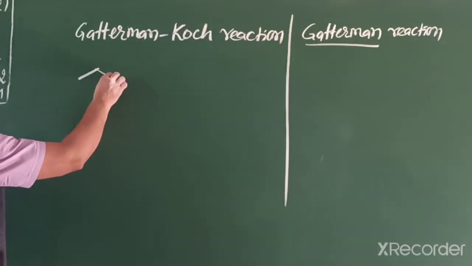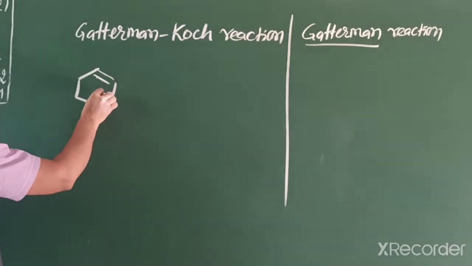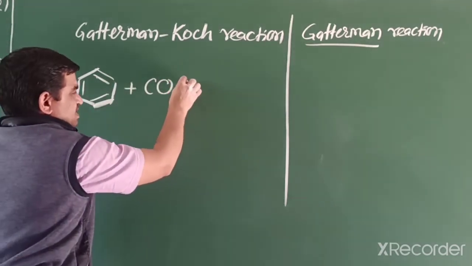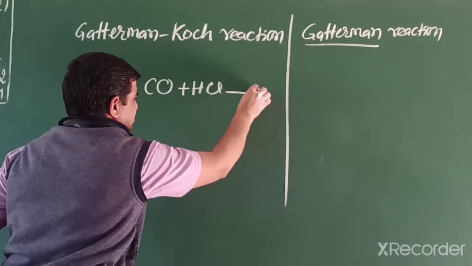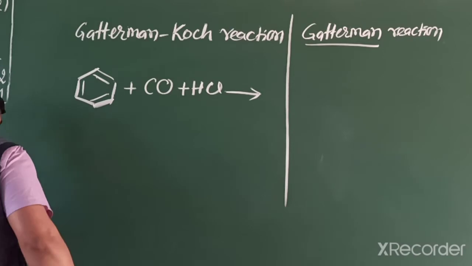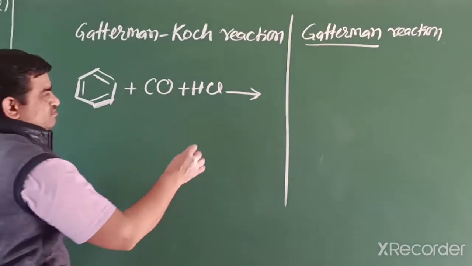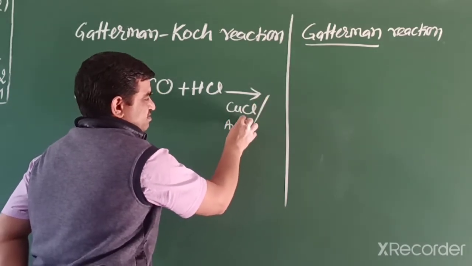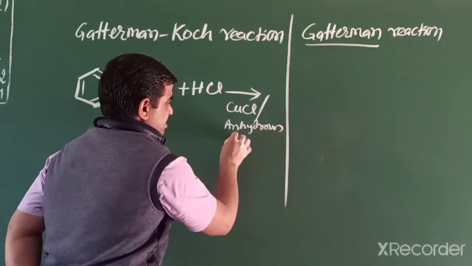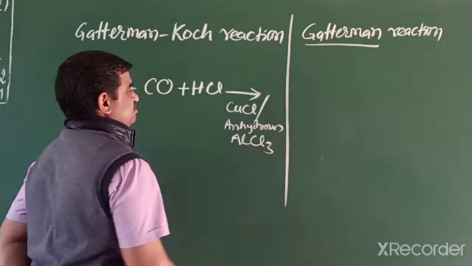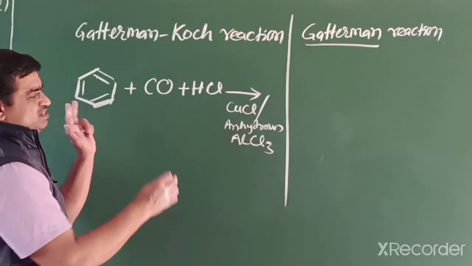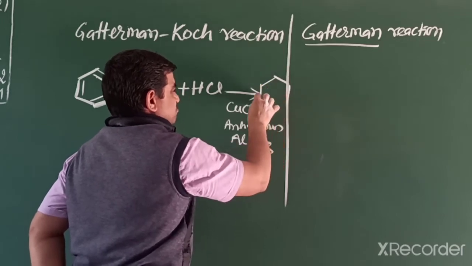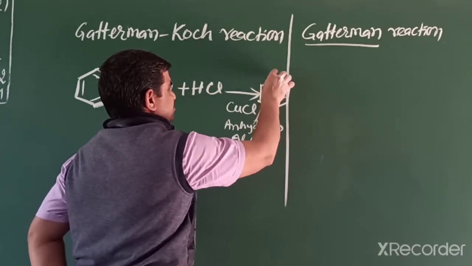Revising: benzene reacts with carbon monoxide and HCl in presence of cuprous chloride or anhydrous aluminum chloride, and the product is benzaldehyde.